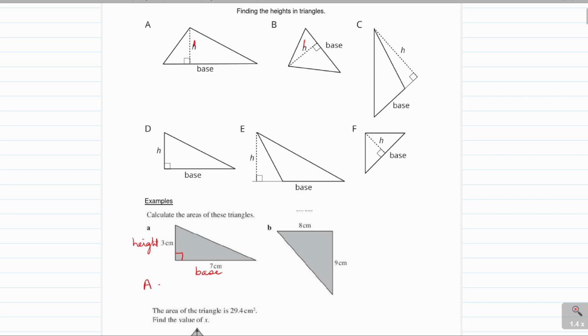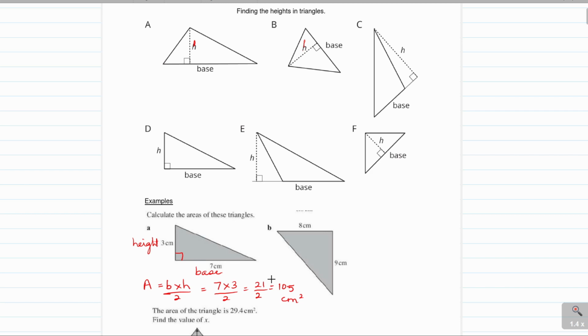So my area is base by height divided by 2. And that is 7 multiplied by 3 divided by 2. So that is 21 divided by 2, which should be 10.5, right? And your units is centimeters by centimeters, so it's centimeters squared.